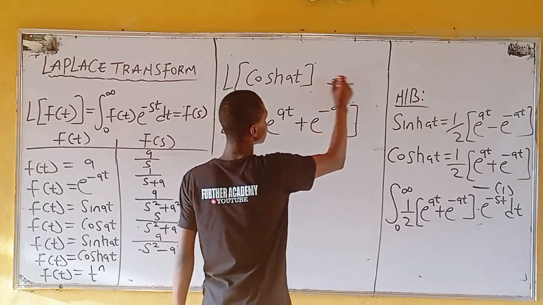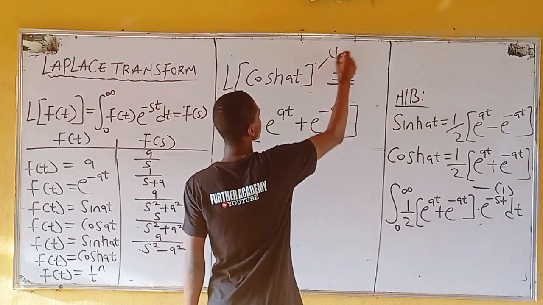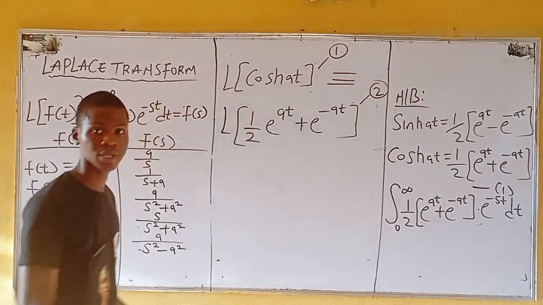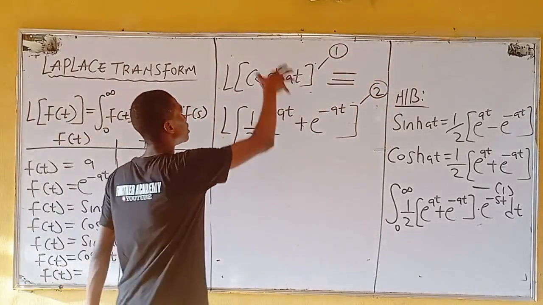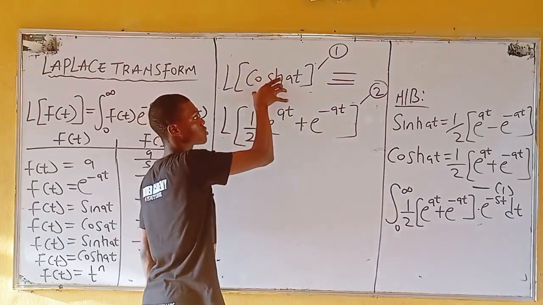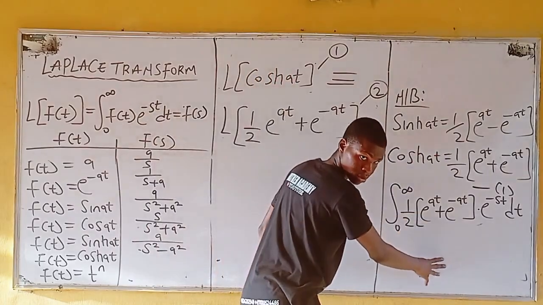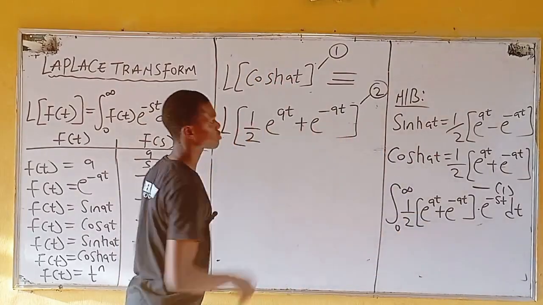Meaning they are equivalent. Say this is equation 1, say this is 2. Meaning 1 and 2, they are equivalent. Now, I would have found the Laplace transform of cosh at following this process. Now, let's find the Laplace transform of this.